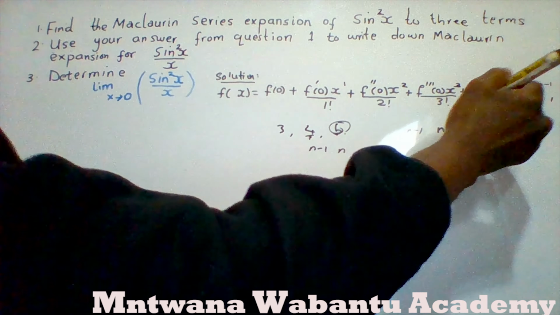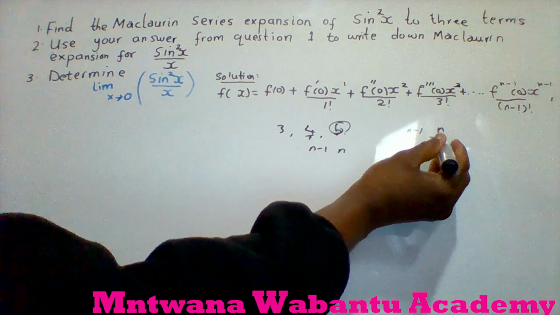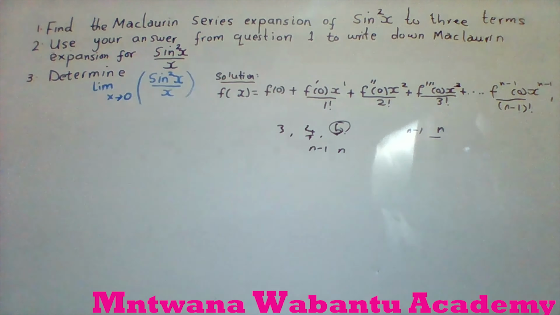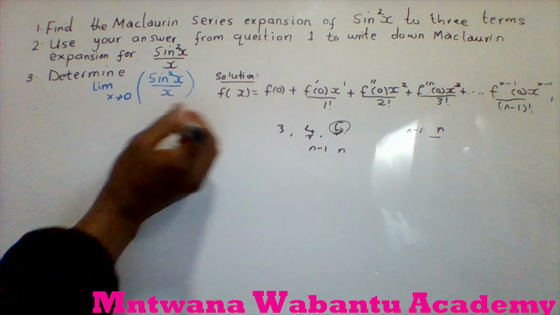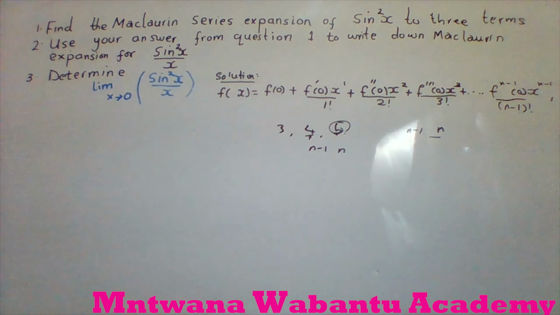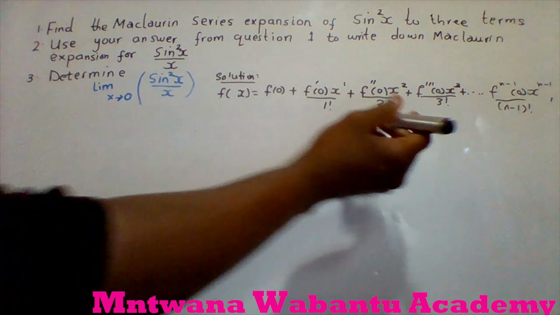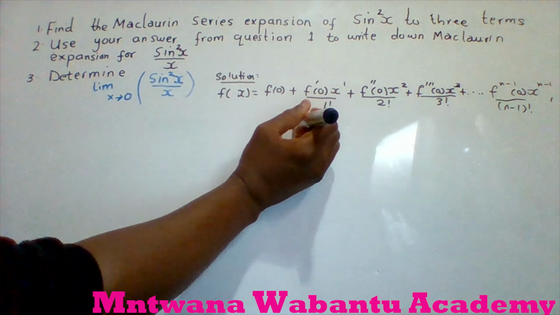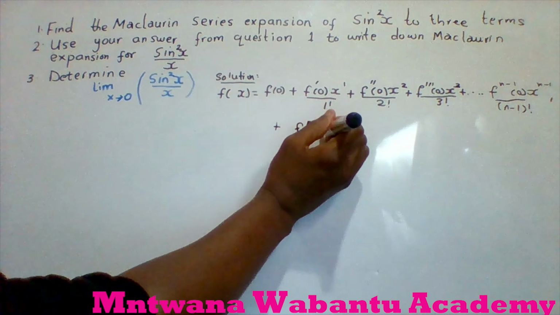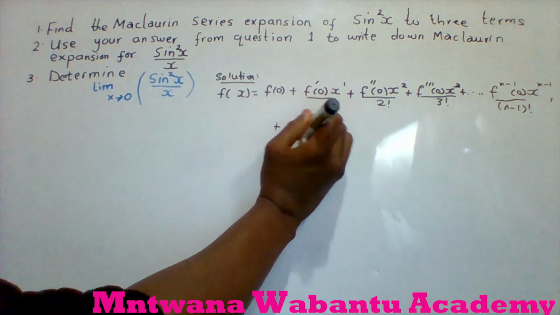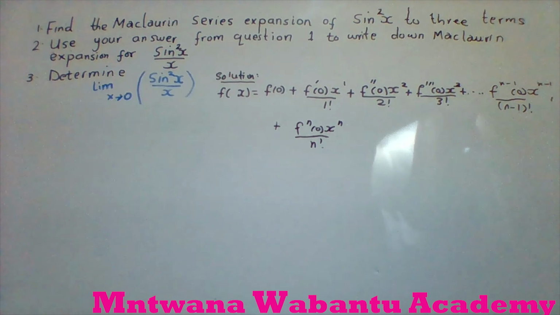That's the number before the last one. The last term, let me write it here, is going to be plus f n of 0 times x to the power n over n factorial.